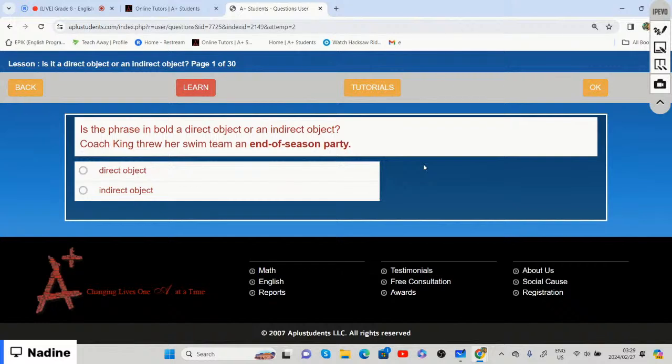So we need to say if it's a direct object or it's an indirect object. So what do you think?